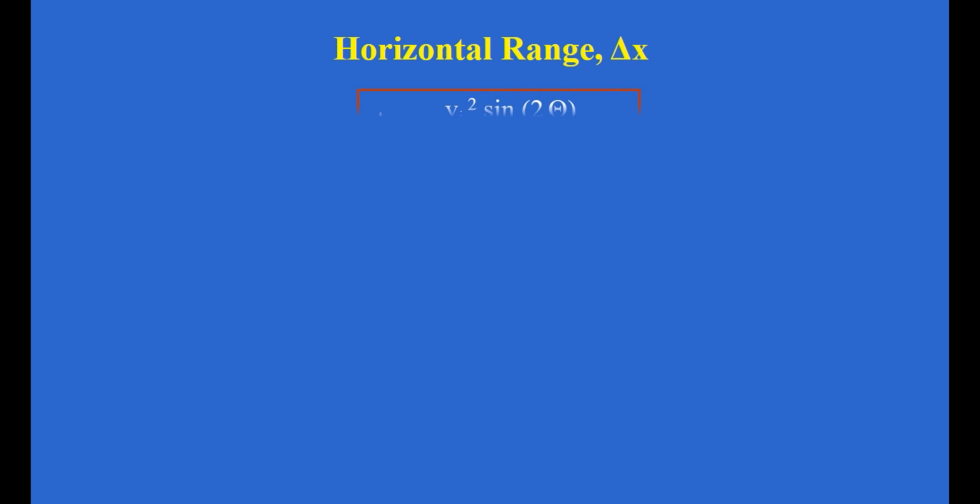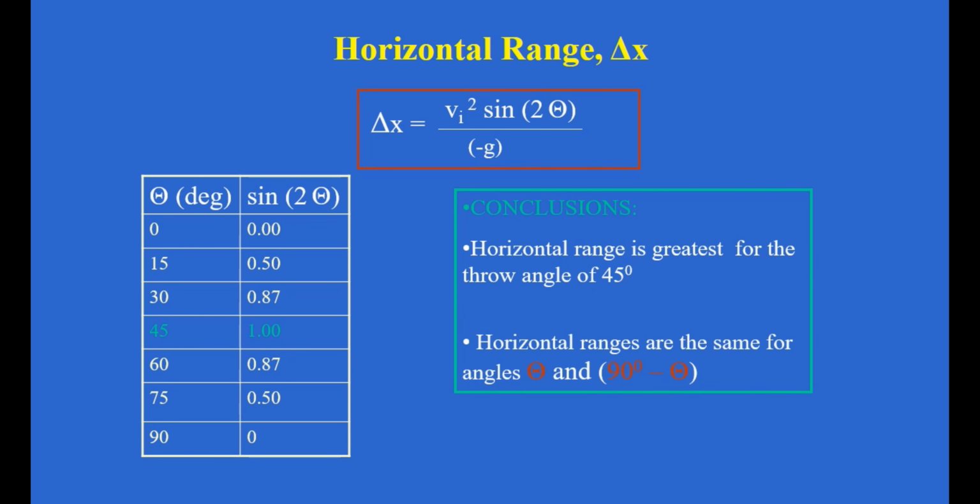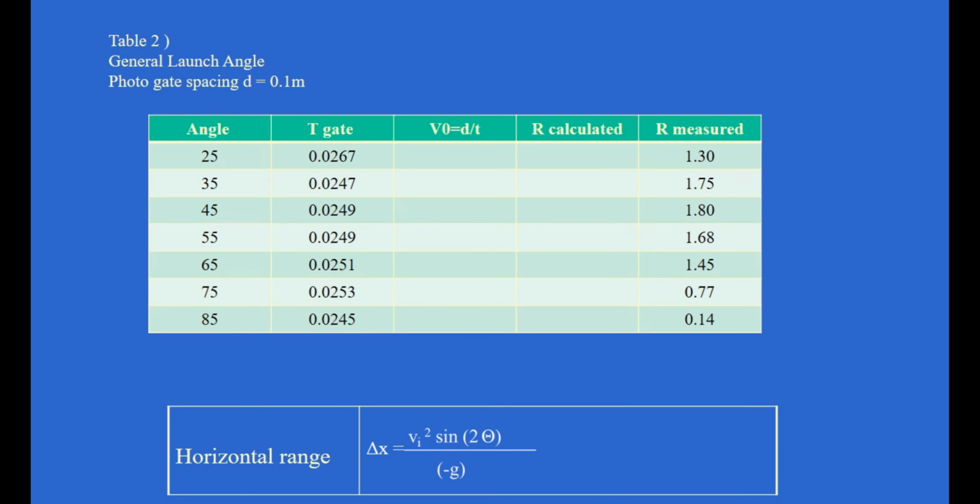Horizontal range delta x equals v initial squared sine 2 theta over minus g, and the conclusion is that this horizontal range is greatest for the angle of 45 degrees. Data and calculation.